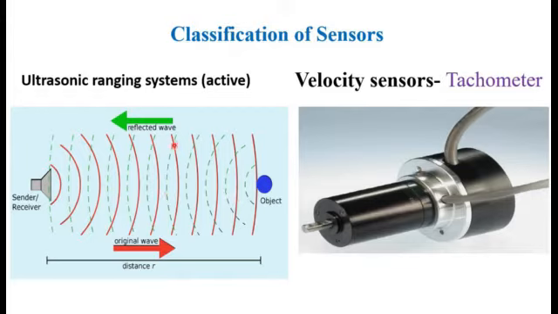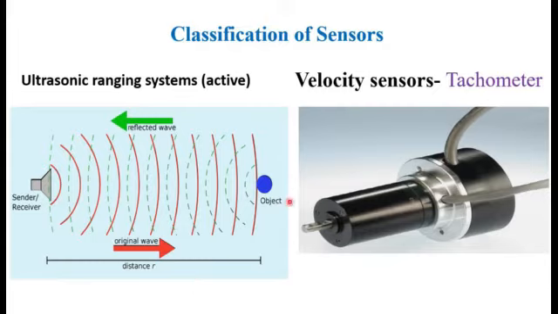Here the green lines are the reflected waves. When the reflected waves come back, the sensor receives the signal and measures the distance. So the distance r is measured with the help of the ultrasonic ranging system.